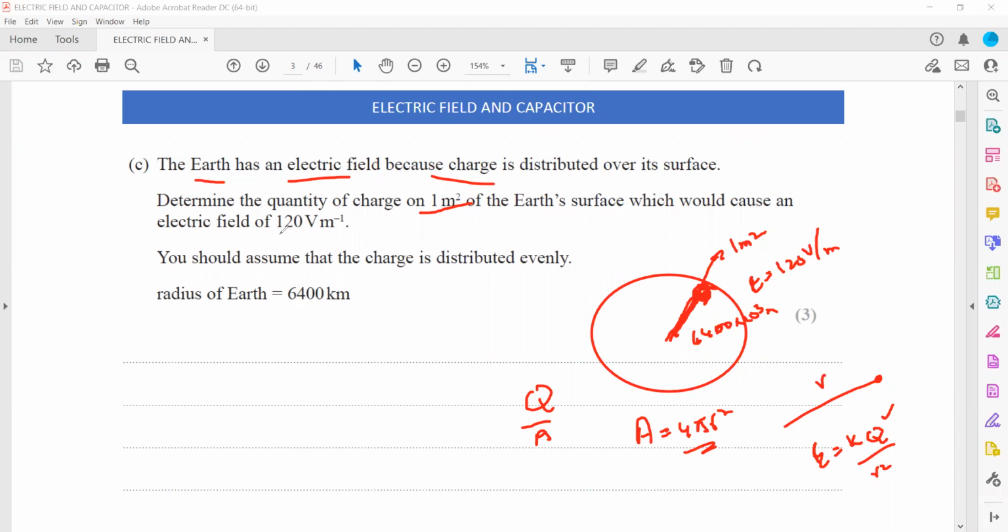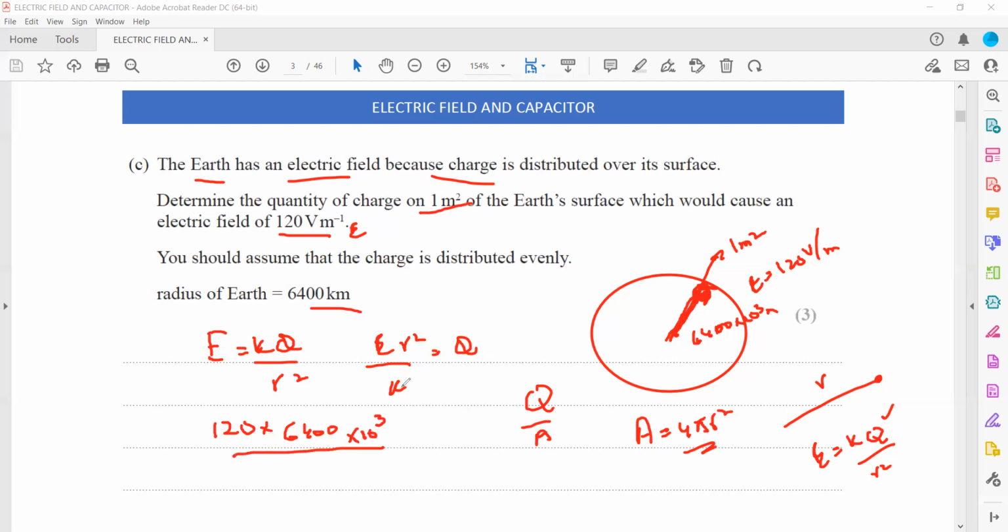So this is the strength of electric field. The radius is given. Using the radius, first we'll find the charge. We have the formula E = kQ/r², or if we need Q, it will be Q = Er²/k, where E is the strength of electric field, which is 120, and r is the distance from the source, 6,400 × 10^3, divided by the constant, 8.99 × 10^9.